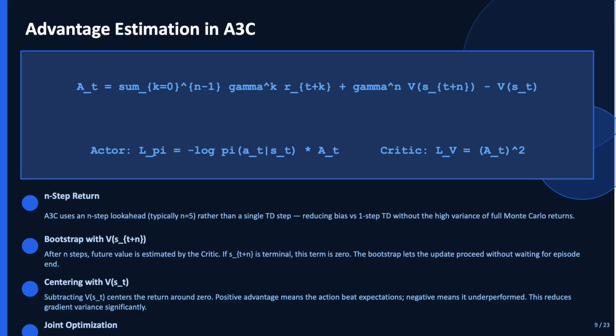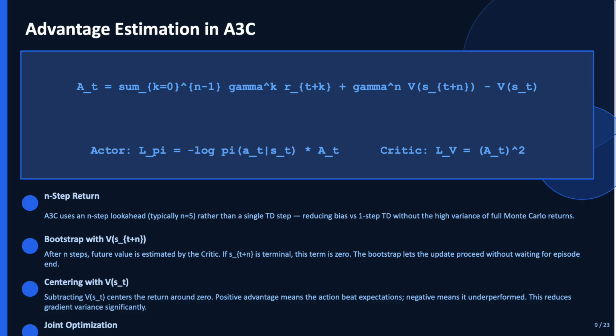A3C uses what is called the n-step return to estimate the advantage of each action, where n is typically 5. This means a worker unrolls 5 actual environment steps, collects the real rewards at each step, and then asks the critic to estimate the value of the state reached at the end of these 5 steps.